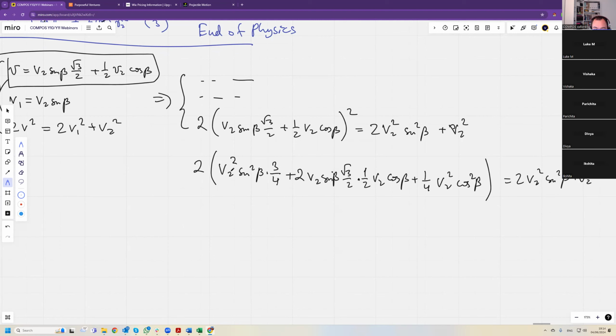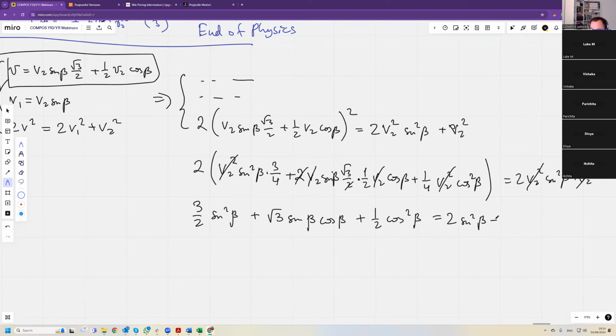Now we can see that v2 squared cancels, and we're left with 2 times that, so it's 3 over 2 sine squared beta plus 2 cancels, it cancels again, square root of 3 sine beta cos beta plus 1/2 cos squared beta equals 2 sine squared beta plus 1.